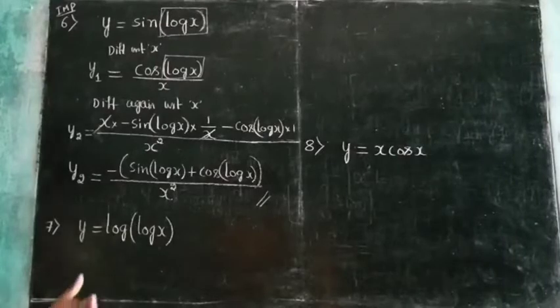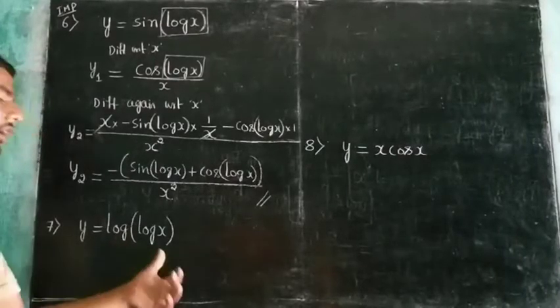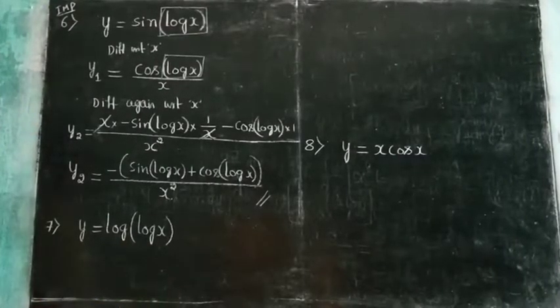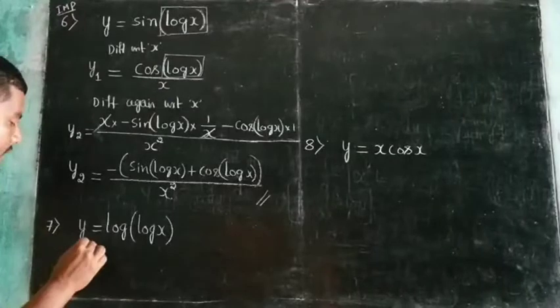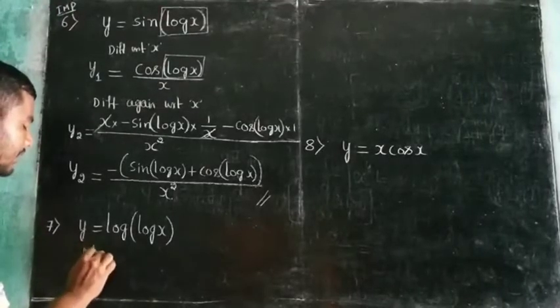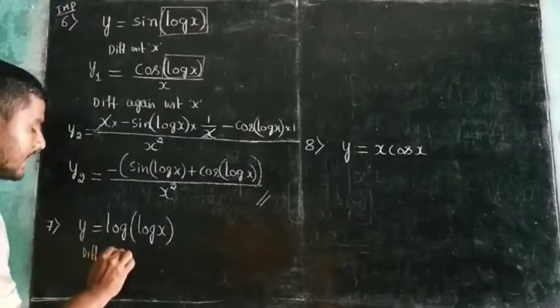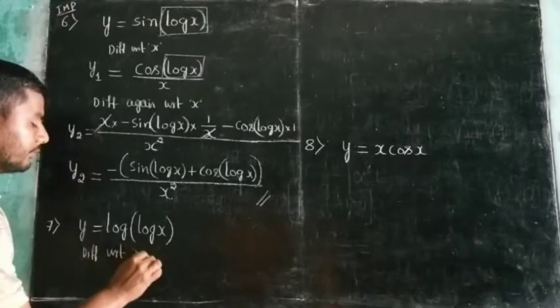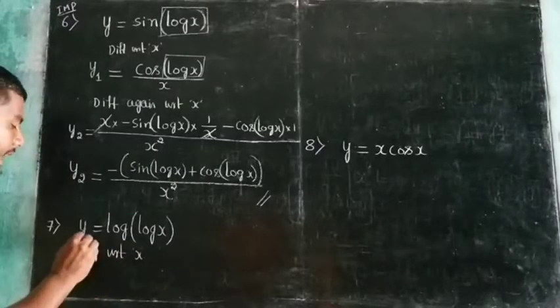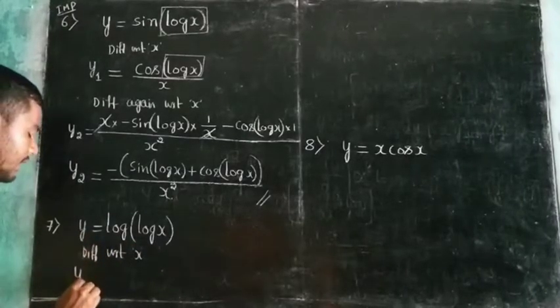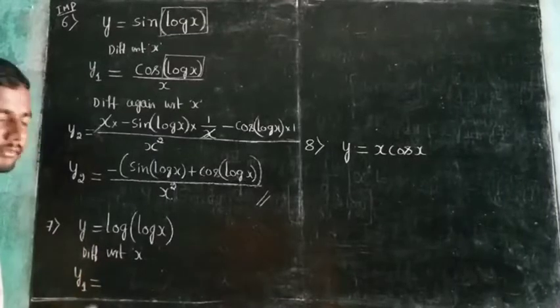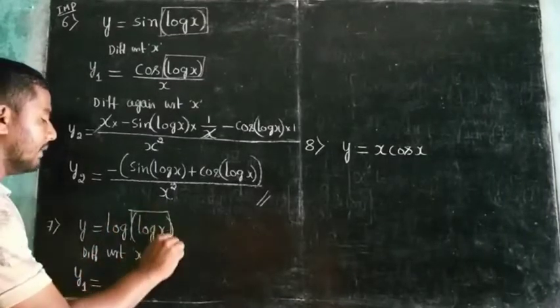We already know the derivative of log x from the previous class. But we want the second derivative. First we write the first derivative, that is differentiate with respect to x. The derivative of y is y1 is equal to, it is of the form log dabba.